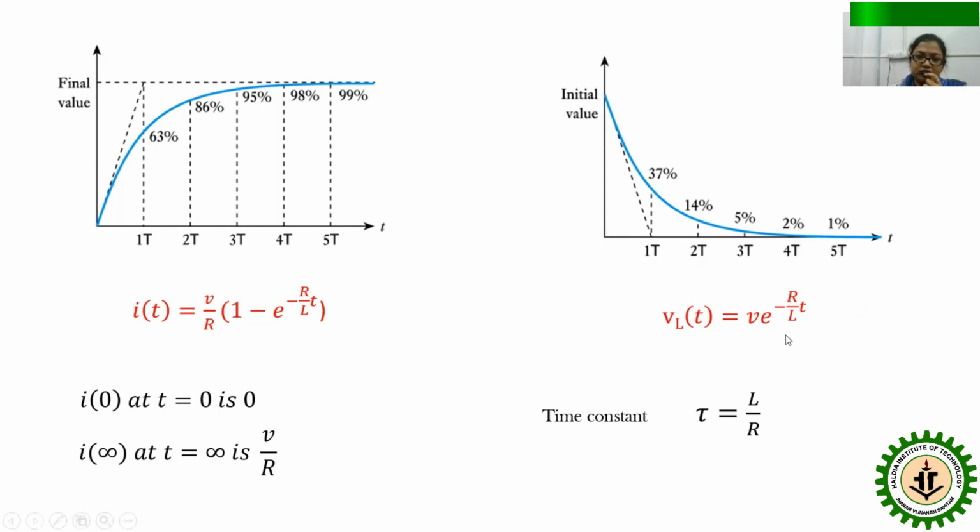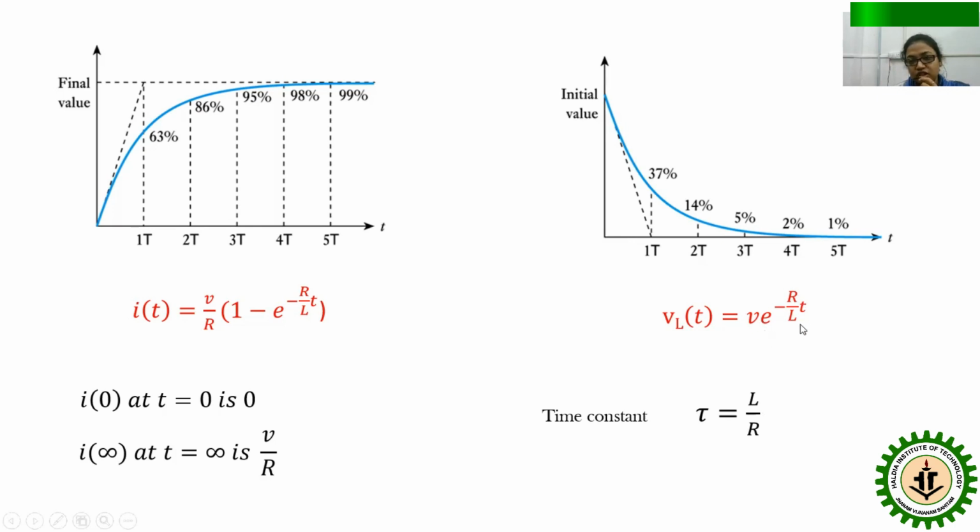Do the derivative of i(t) and you will get this expression: V into e to the power minus R by L into t. Using the same approach, if you draw it, you will find this graph, which is a decaying exponential graph.